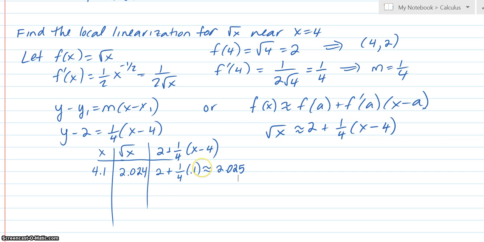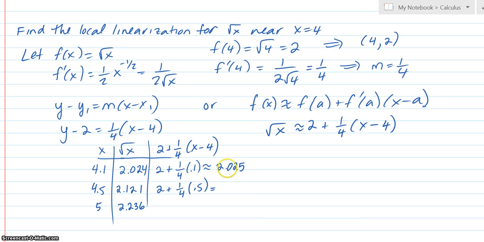What about 4.5? Here are the actual values. If you do this, you can almost do this in your head. This would be 4.5 minus 4, which is 0.5, times 1/4, which is equal to, I should say, 2.125.